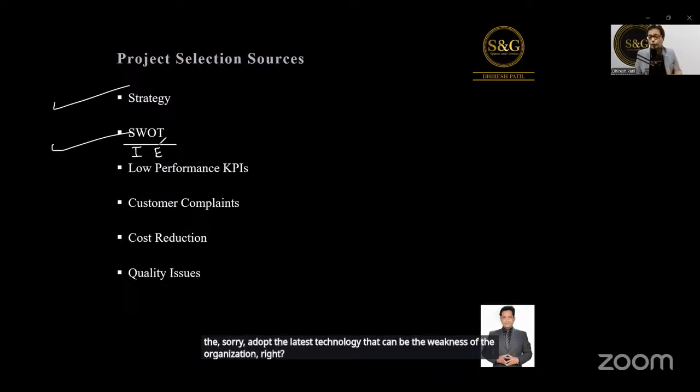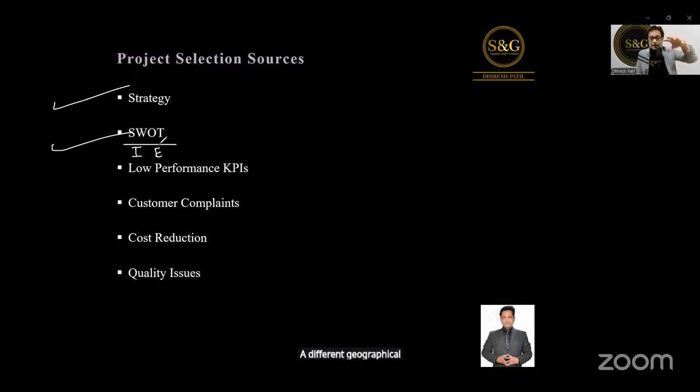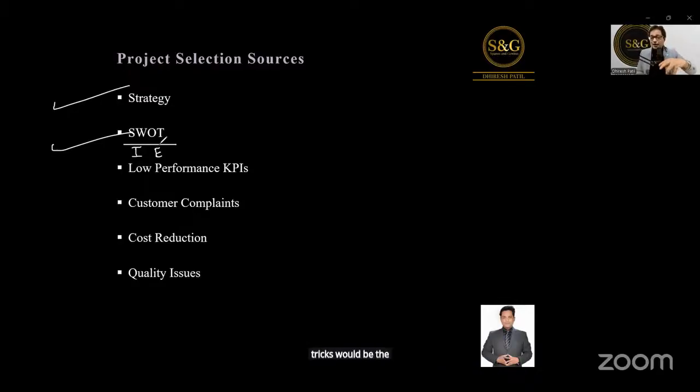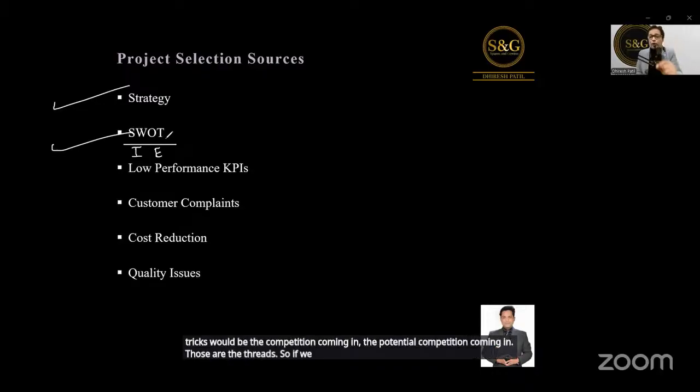What is opportunity? Opportunity could be a different geographical market. Let's say we are working in India, then an African geography or Middle East geography can be an opportunity. Threats would be the competition coming in, the potential competition coming in. Those are the threats. So if we analyze strengths, weaknesses, opportunities and threats, we will get the gaps in all these areas.